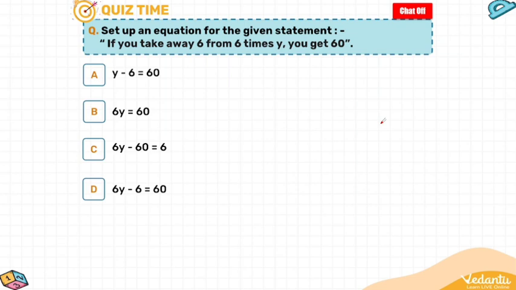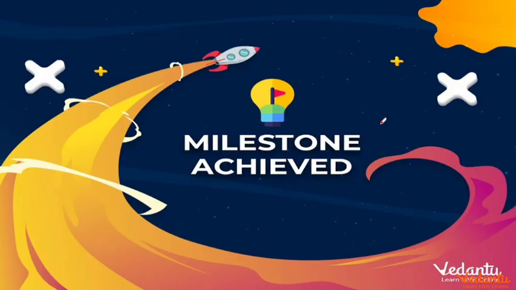So I'm hoping that you select. You have already commented on the chat box that what could be the answer. Yes, absolutely. If you have selected D, that's absolutely correct. 6 has been taken away from 6 times of y. That gives you 60. So here we have achieved a milestone. Very nice. So the first part you have understood so well. Very nice, students. Very nice.